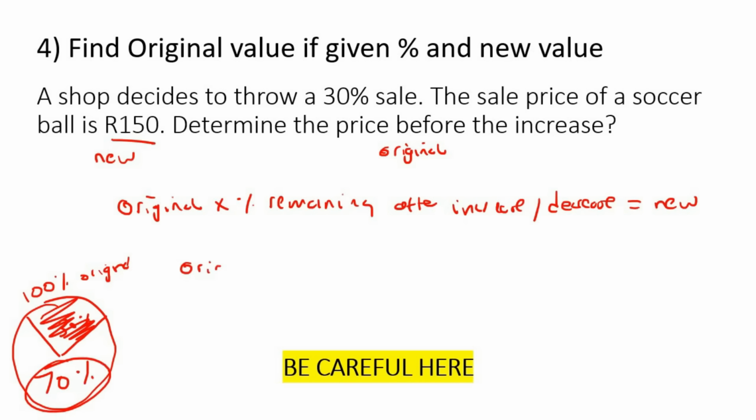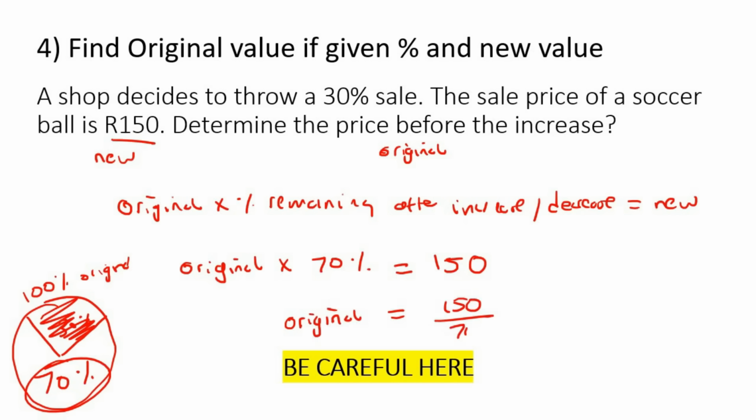So you're going to say original multiplied by 70%, and that is going to be equal to 150 Rand, because that's the new price. So if you then had to get the original price, it would be 150 divided by 70%, and that'll be 214.29 if we round to 2 decimal places.